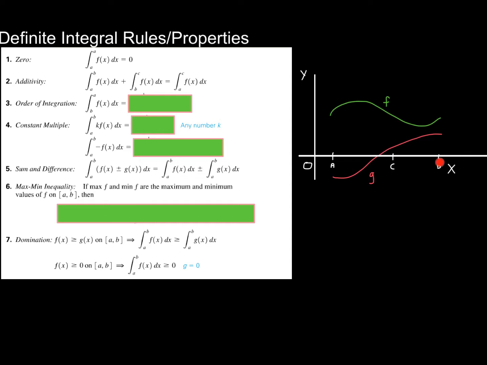So if you're going from b to a, that means that when you look at the Riemann sum, you'll remember that the change in x, delta x, is given by the upper limit of integration minus the lower limit of integration divided by n, right? And so here you would have a minus b over n. But b is greater than a. So a minus b would all of a sudden become negative.